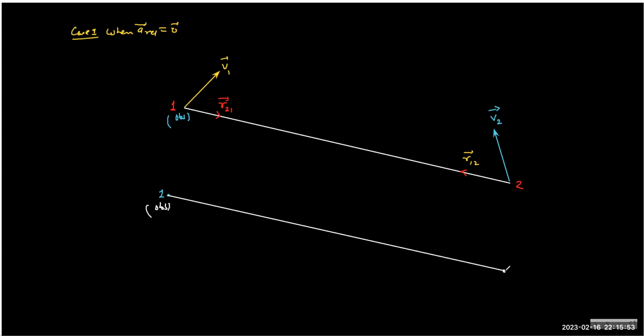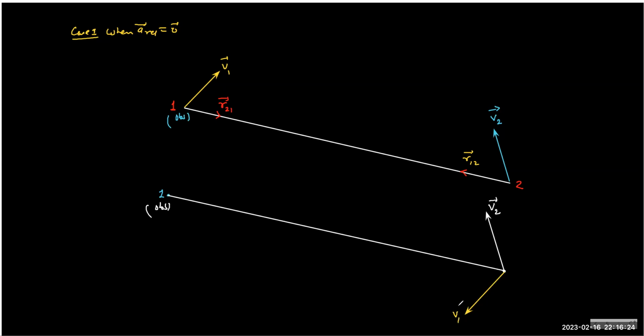One which God has gifted, which is V2, right? And what else? The net velocity of any particle is the sum of its own velocity and the reverse of the other, right?